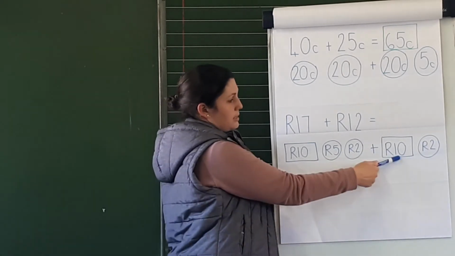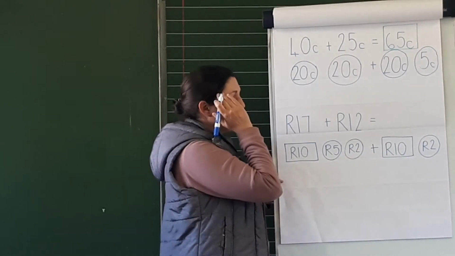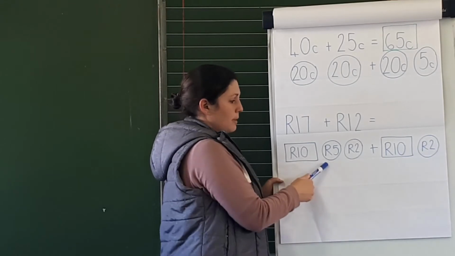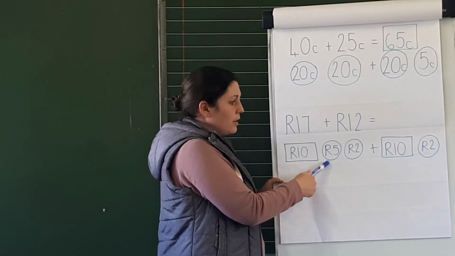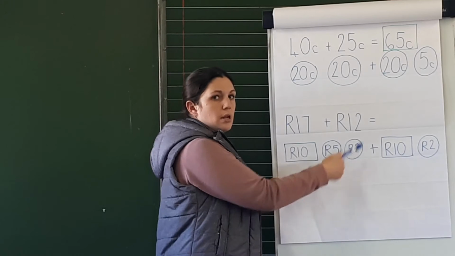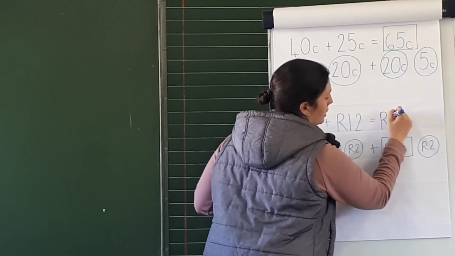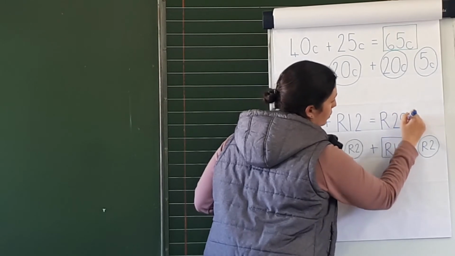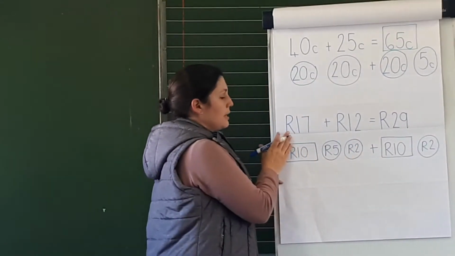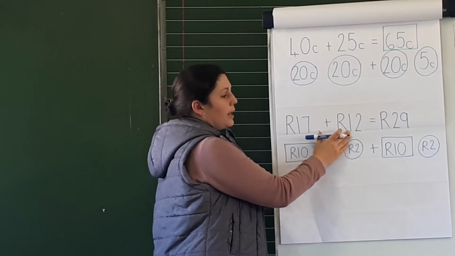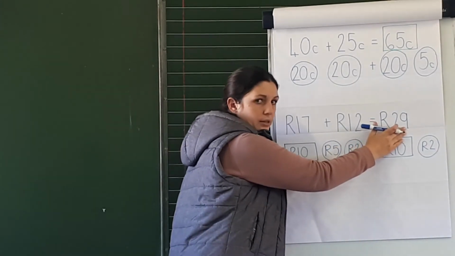So 10 plus 10 gives me 20, keep 20 in your head. 20 plus 5 gives me 25, plus 2 is 27, plus the last 2 is 29. And I'm remembering to write my rand first. So my answer here is 17 rand plus 12 rand equals 29 rand.